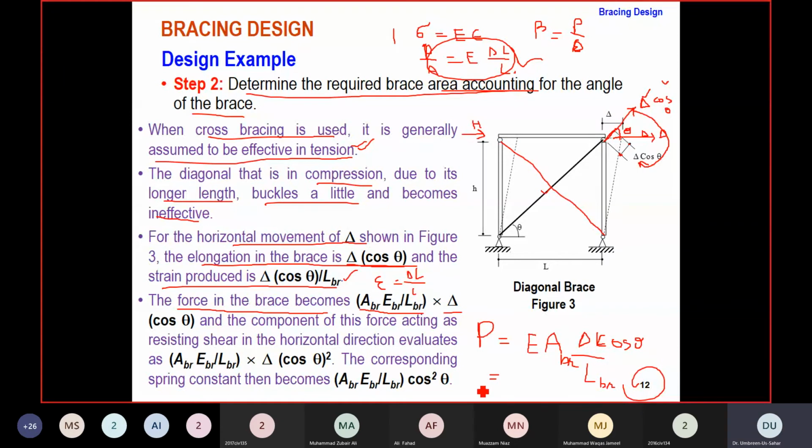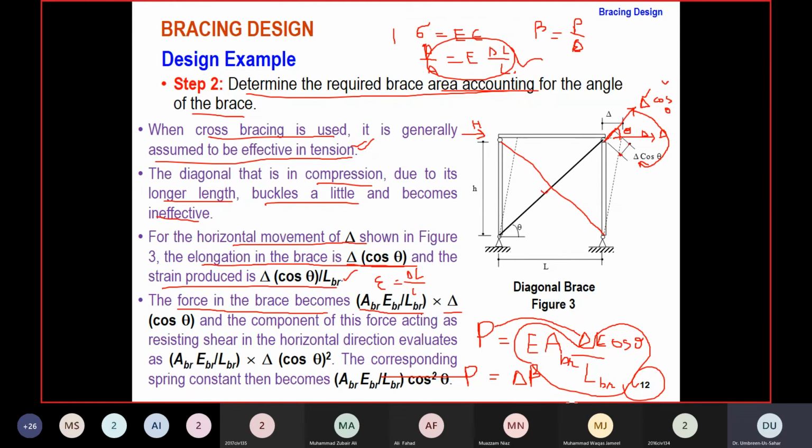Next, the corresponding spring constant. We need only the relationship between P and delta. If we develop a relationship between P on the left-hand side of the equation and delta on the other side, then excluding delta, all other parameters will be the spring constant, beta.